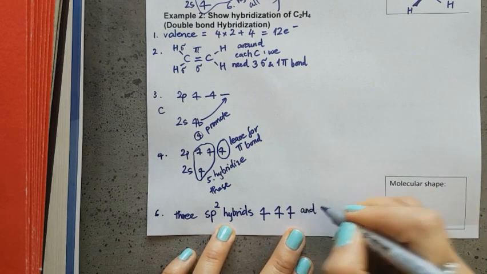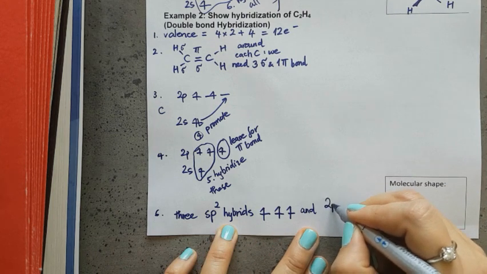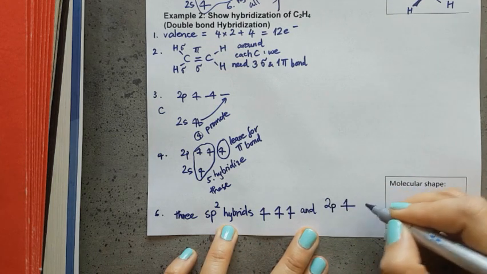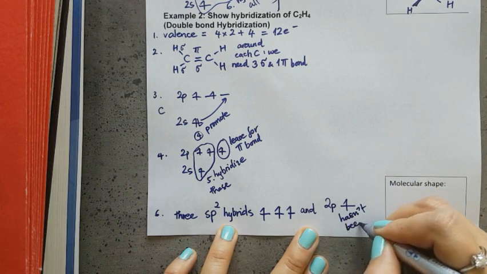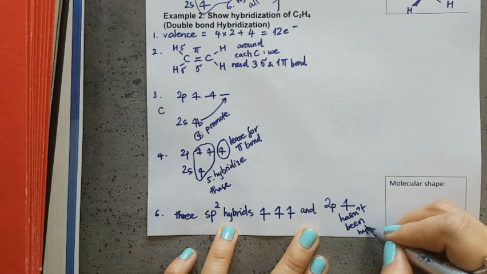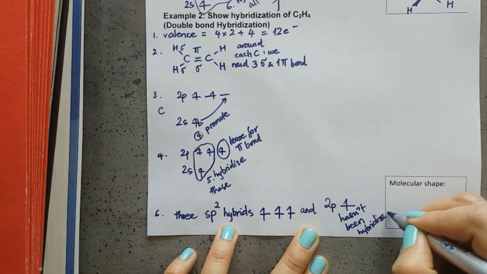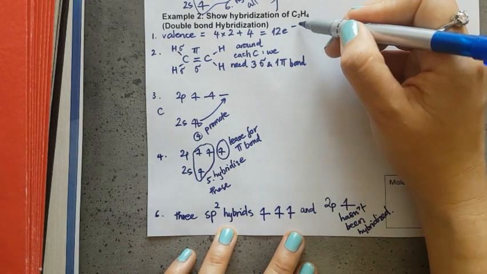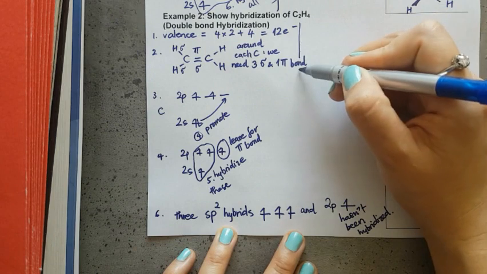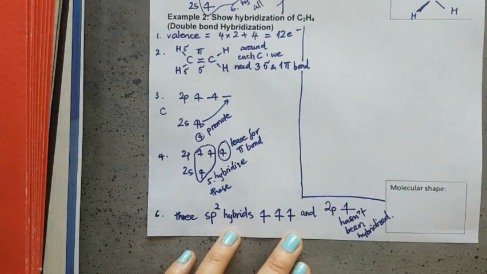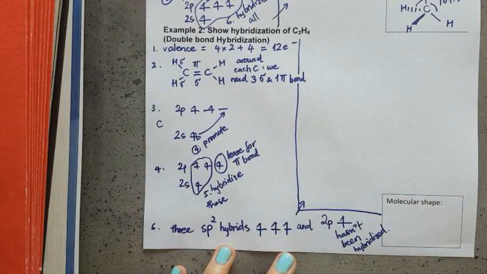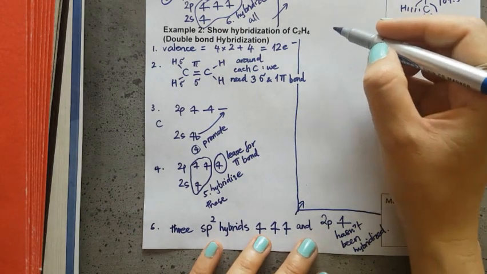And a 2p orbital that hasn't been hybridized at all, okay? So sitting there waiting to overlap with another carbon p orbital. So I'm just gonna split this page up and go up here, all right? So what is the next step? Well, the next step is about drawing, right?